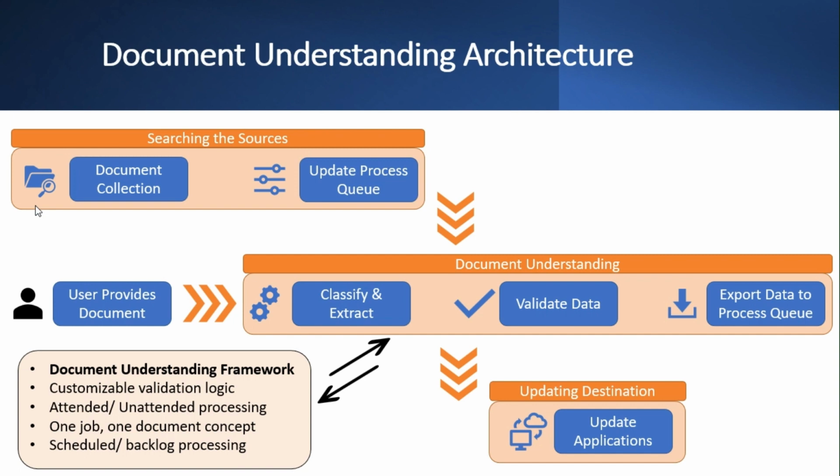And finally, we will look at how we can quickly set up a new document understanding framework to quickly run for invoices or receipts. So the framework is already built to handle invoices and receipts. So with quick steps, we can easily get it up and running. So we'll see how we can do that.